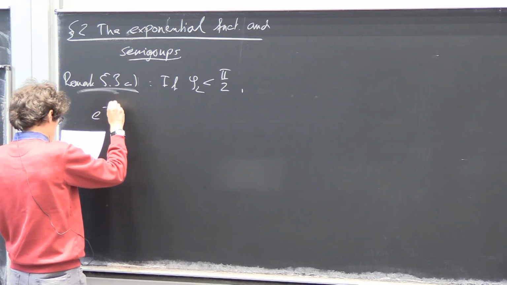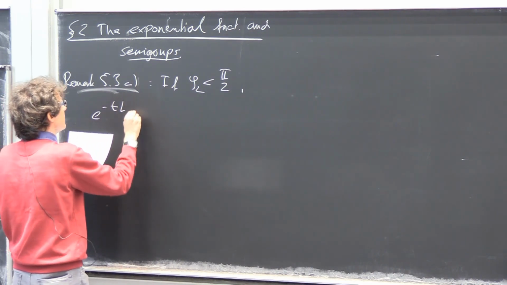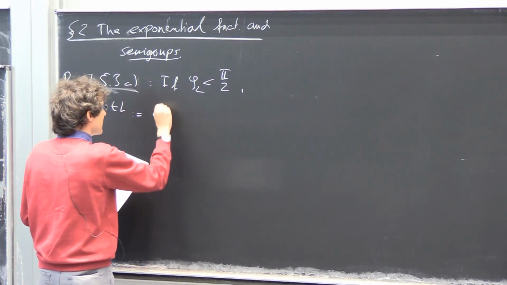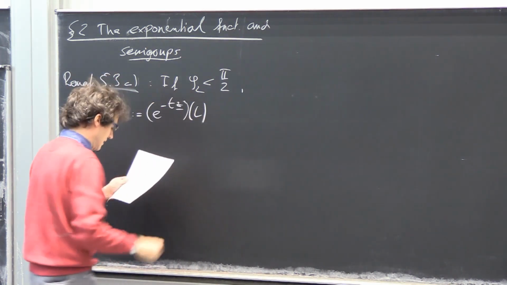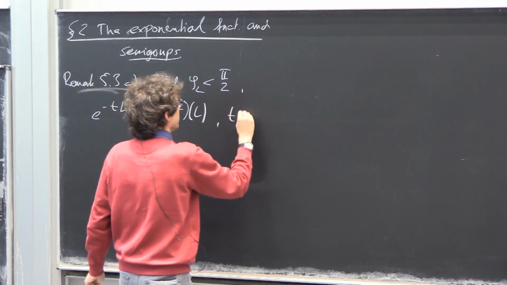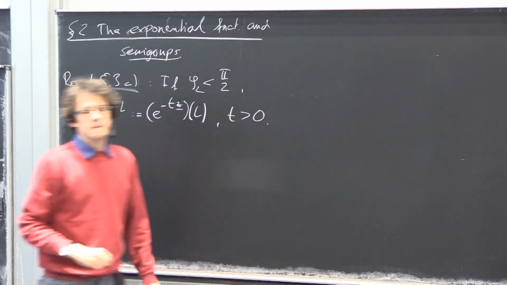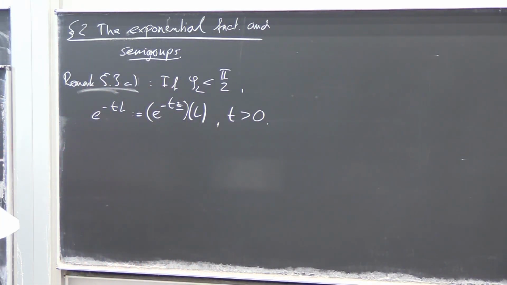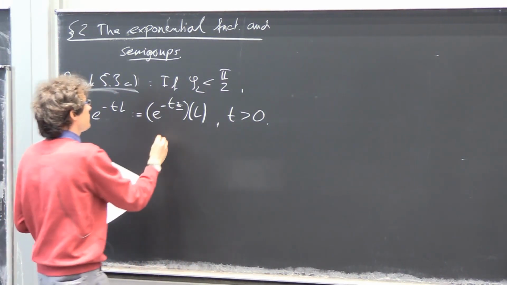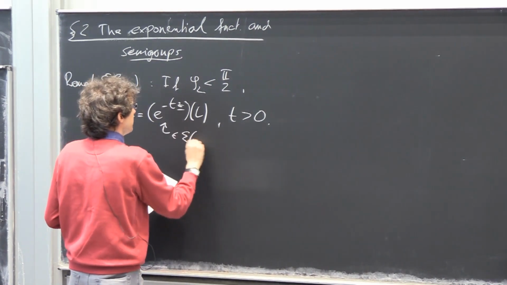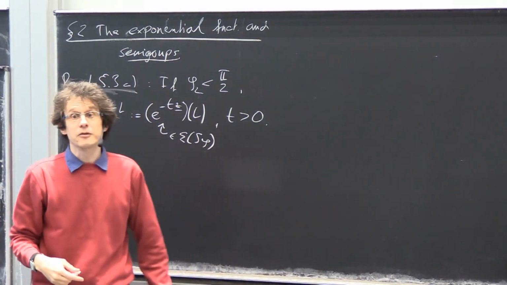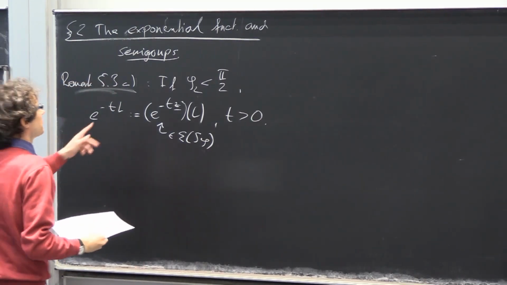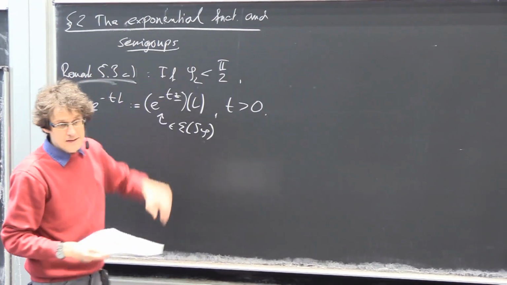So then we can define e to the minus tL by taking the exponential function e to the minus tz and plugging in the operator L. And this can be done for every positive t. This is because this function then is even in the elementary calculus. Note this only works if phi is less than pi over 2. So we need a sectoriality angle that is less than pi over 2.